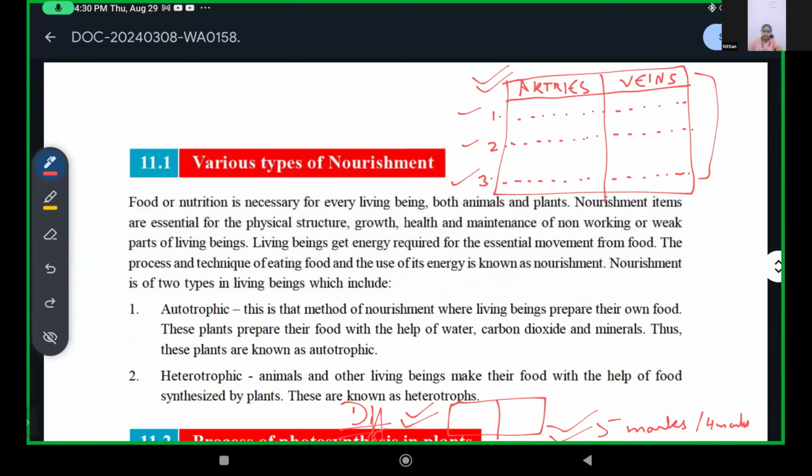If it is a 2 mark question, you can write minimum 2 points, 2 lines each point. Or if you think the answer cannot be put into points, you can write 3 to 4 lines. But try to put it in points.